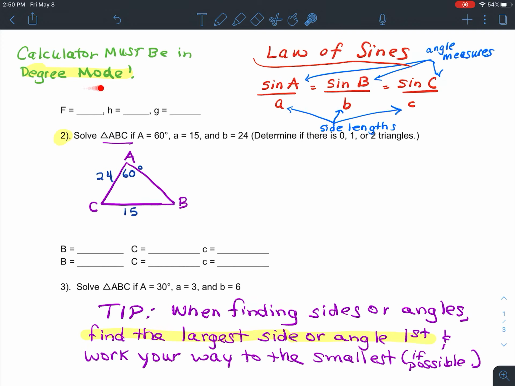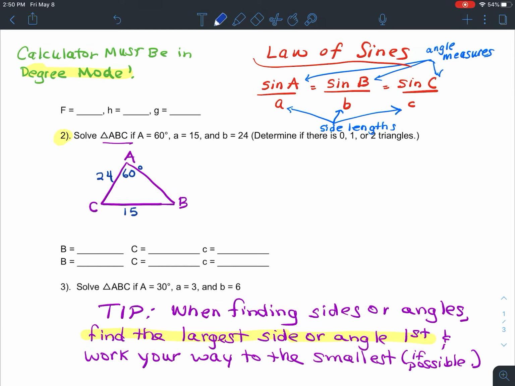The default mode is actually radian mode. In all of these problems, our angles are going to be in degrees. You have to make sure that's in degree mode or you're just going to get all the wrong answers. If your calculator happens to die in terms of the batteries, anytime it resets itself, it goes back to radian mode.